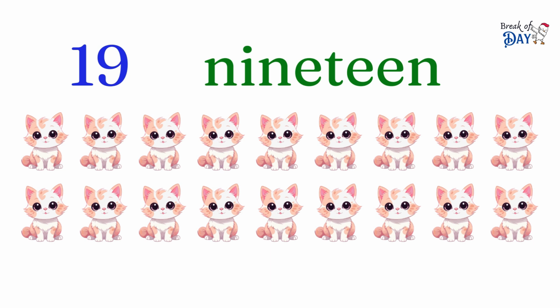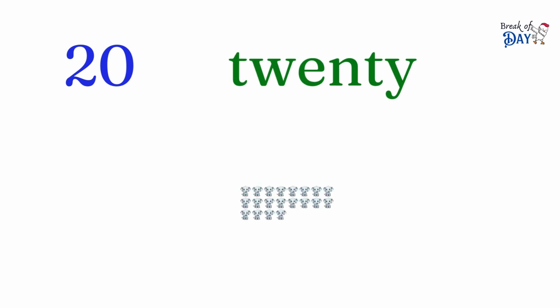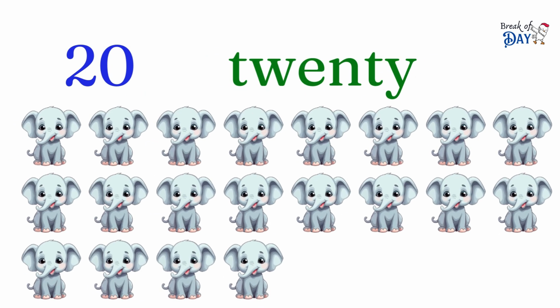Let's count them. Start with me. 1, 2, 3, 4, 5, 6, 7, 8, 9, 10, 11, 12, 13, 14, 15, 16, 17, 18, 19. How many cats are there? Yes, there are 19 cats here. The last one is number 20. T-W-E-N-T-Y, 20.